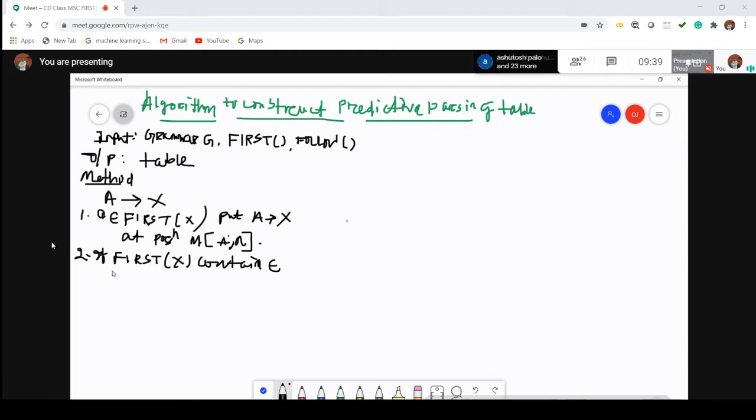Simple thing is that, then calculate the follow set of the left hand side, calculate follow of A. So for all terminal symbols a belonging to follow of A, after you calculate the follow of A, it may contain some terminal symbols. For all possible values of terminal symbol a belonging to follow of A, put the production A to X in the position M of A, a.